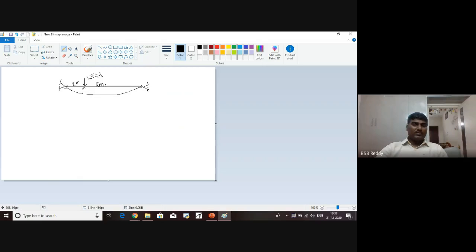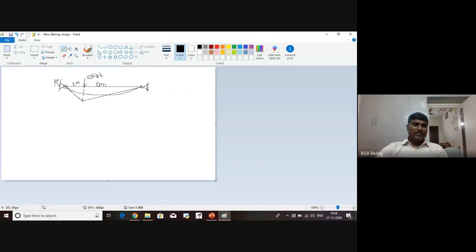What happens when you apply the load? The cable settles down and deflects like this, isn't it? Now you just name all this.